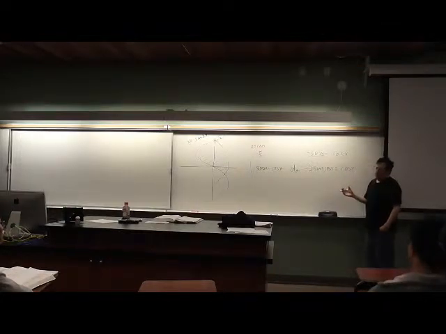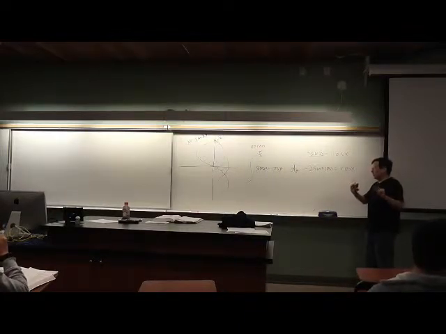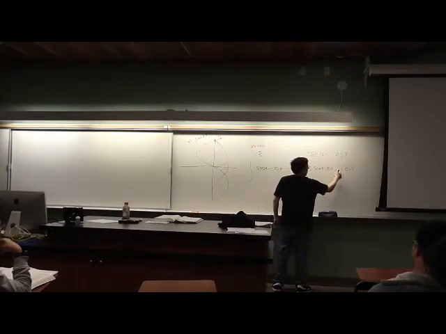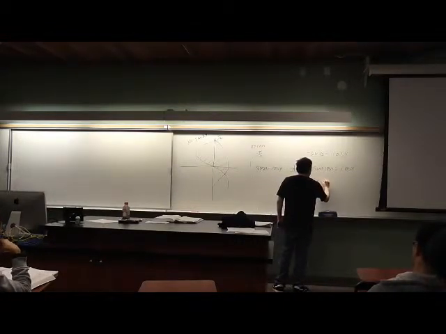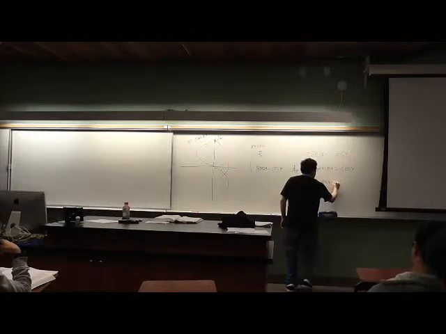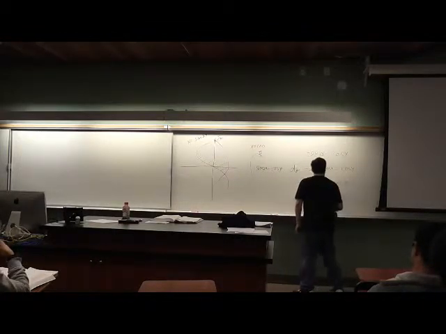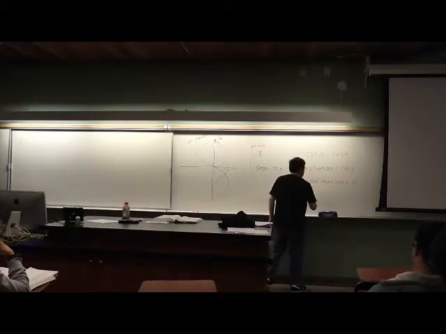I did this earlier with someone in the class, and I kind of did it wrong. I didn't do it wrong, I just didn't do it really carefully. I'm going to do it really carefully now. So I'm going to subtract cosine y from both sides. I'm going to have negative 2 sine y cosine y minus cosine y equals 0. And I might as well multiply through by minus 1.